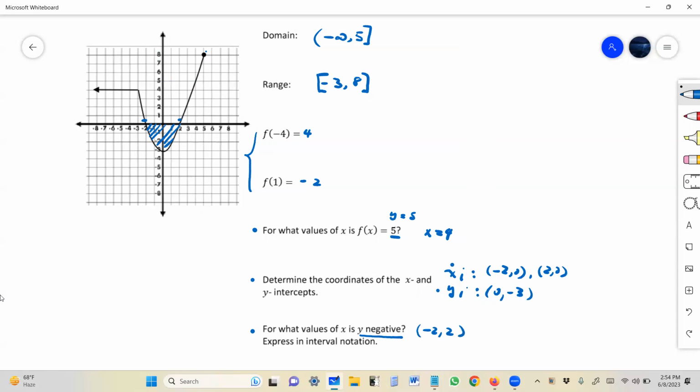So parentheses on both cases, minus 2 to 2. The reason it does not include the endpoints is because if it did, the value of the function would be 0. Okay, so this is how you find the domain and range, x and y intercept, and evaluate the function at these points according to these questions.